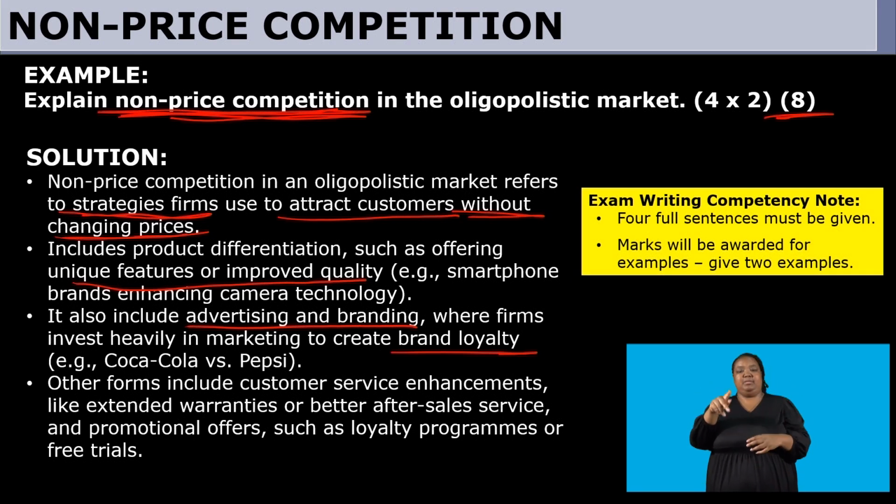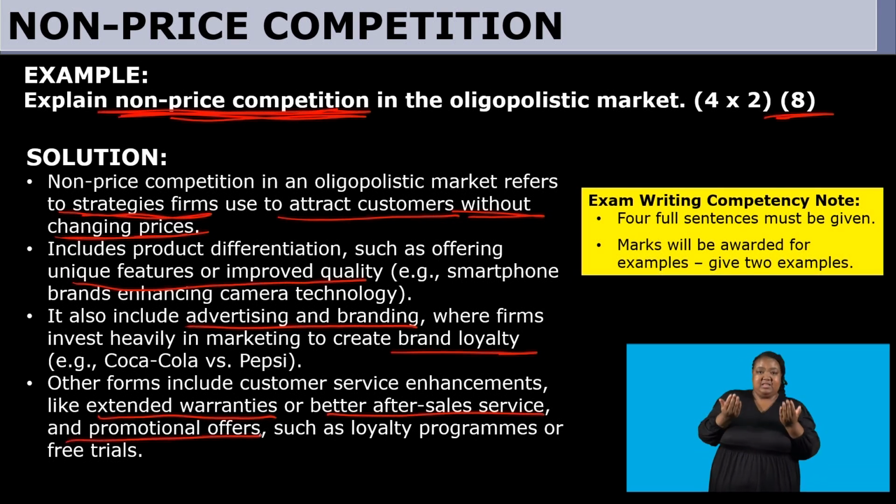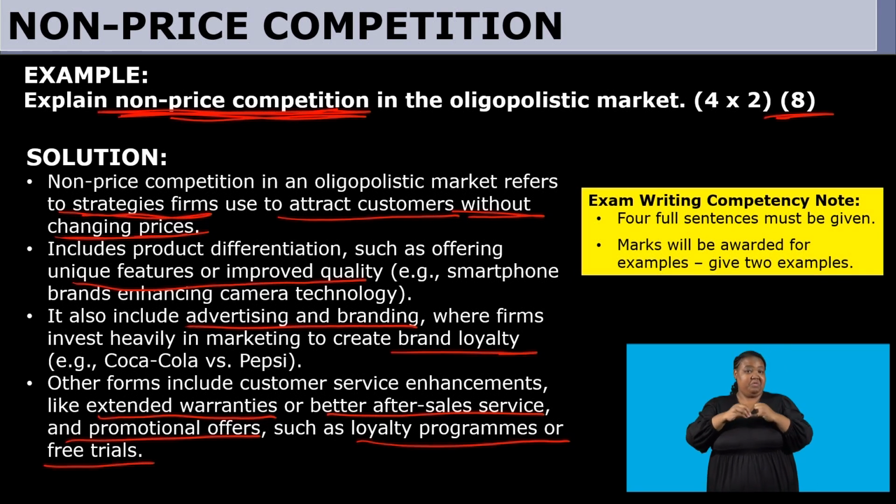Other forms include customer service enhancements like extended warranties or better after-sales services, and promotional offers such as loyalty programs or free trials. So all these are non-price strategies, other measures that can be used by oligopolies to increase their market share or to attract more customers without necessarily reducing the price of the product. That is a non-price strategy or non-price competition.